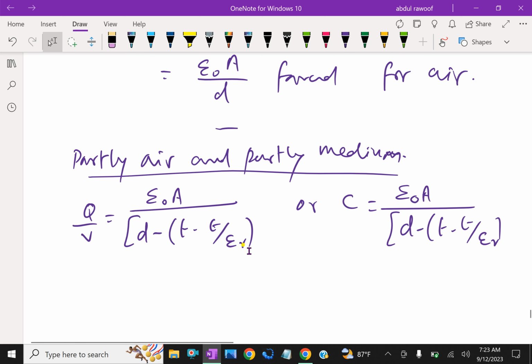The dielectric thickness is T. Total thickness, that is the total space between the plates, is D, and T is the thickness of the dielectric medium. Then this formula I have to use.